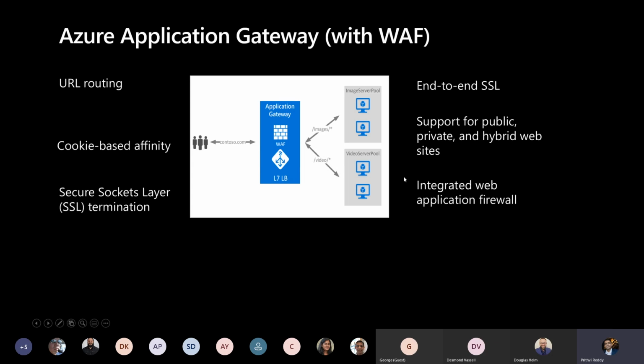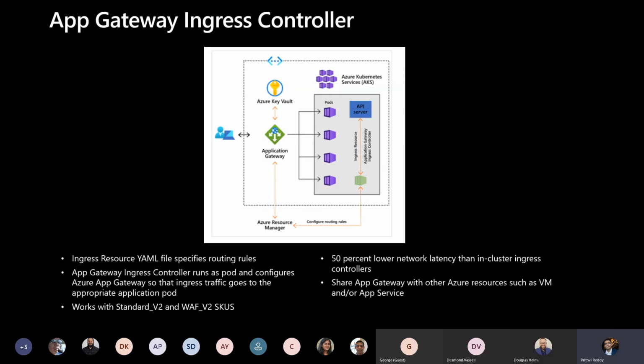So that's just a quick overview of what Application Gateway is. We've had Application Gateway as a product for many years now. But today, what we're going to talk about is a new feature in public preview. It allows you to use Application Gateway as an ingress controller for your Kubernetes cluster.